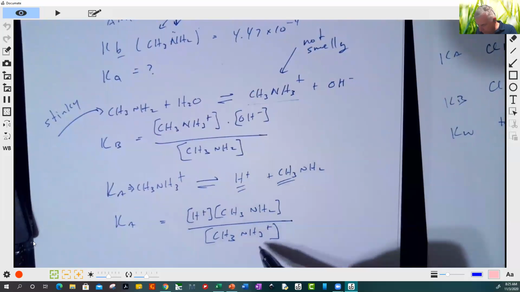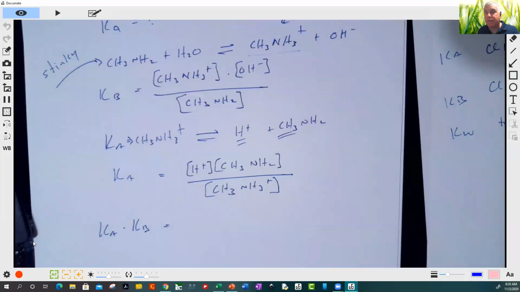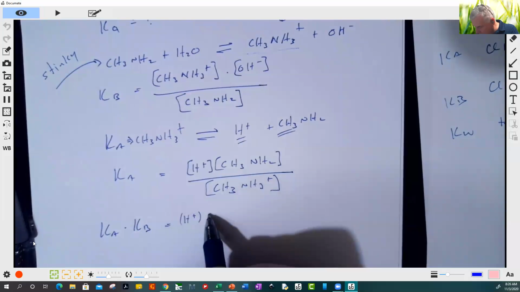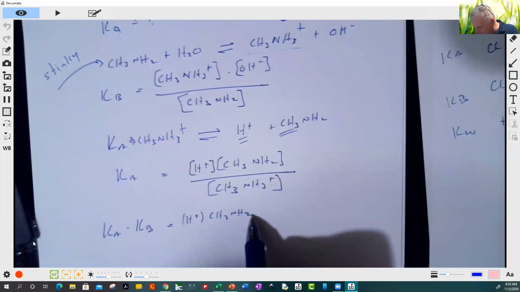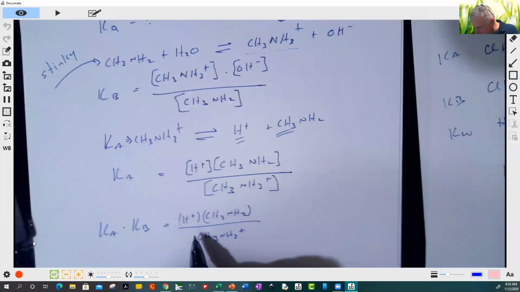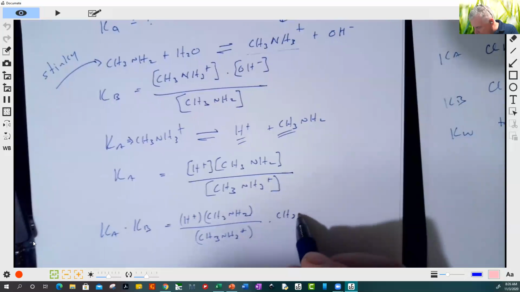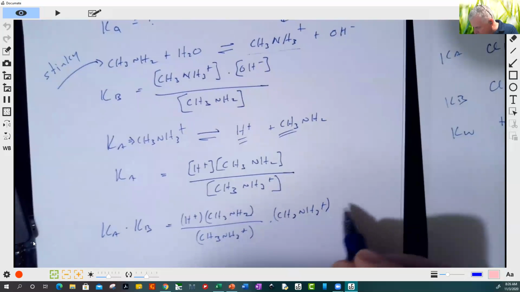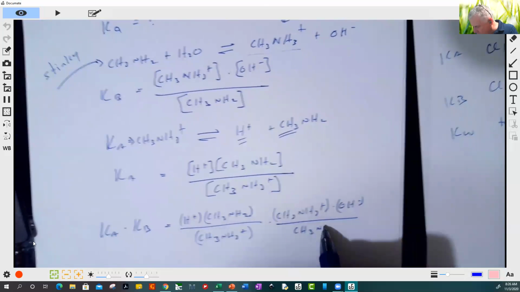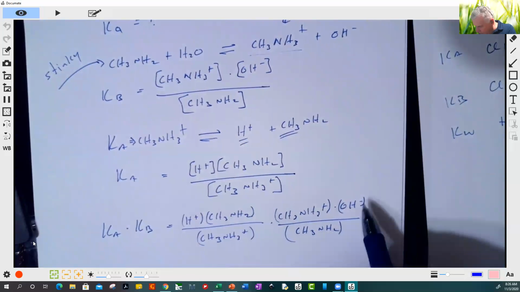And you'll notice here that Ka times Kb is equal to, I'm just going to write it out this once, H plus CH3NH2 over CH3NH3 plus times Kb, which is CH3NH3 plus times OH minus over CH3NH2, which is just equal to Kw, right?